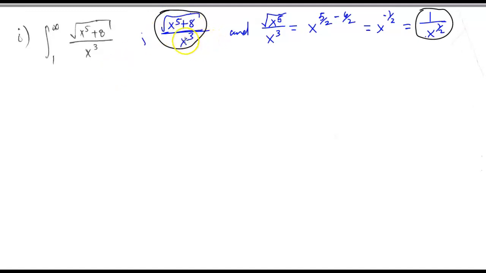Now, if we look here and here, the only thing that's different is this plus 8 inside of the square root. Because of that, we know that the square root of x to the 5th plus 8 divided by x cubed is going to be a bigger function than the one that we said was closely related to it.